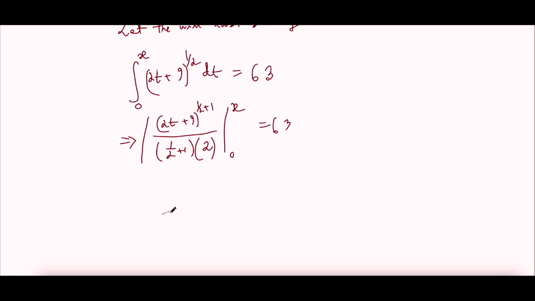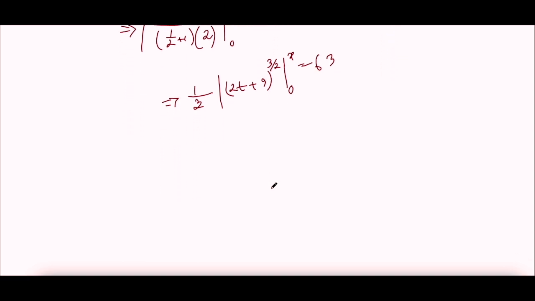This implies, what is in the denominator? Half plus 1, 3 by 2 into 2. It means you have 3 in the denominator, right? And this 3 we can write out of limits: 1 by 3, (2t plus 9) whole to the power 3 by 2, 0 to x equals 63.